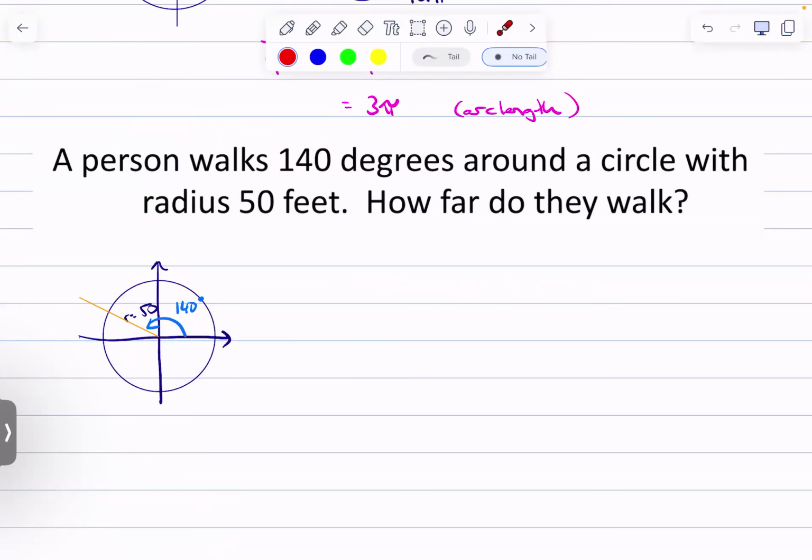And so applying the same problem solving technique, let's find the total circumference. The circumference has to be the total, so we don't have to say total, but I just want to emphasize that it's the full circumference as opposed to the arc length. We want to find this length here.